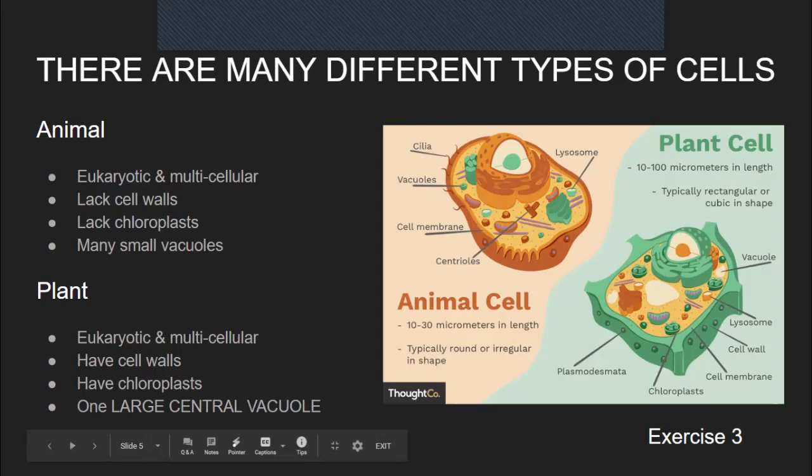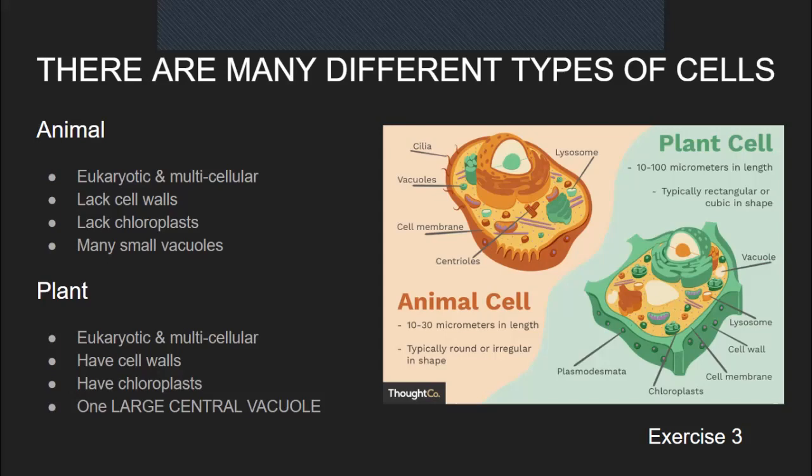Turgor is a fancy science word for water, so we're really talking about water pressure. And that water pressure is because that large central vacuole fills with water. And when it fills with a lot of water, the large central vacuole takes up most of the space in the plant cell.